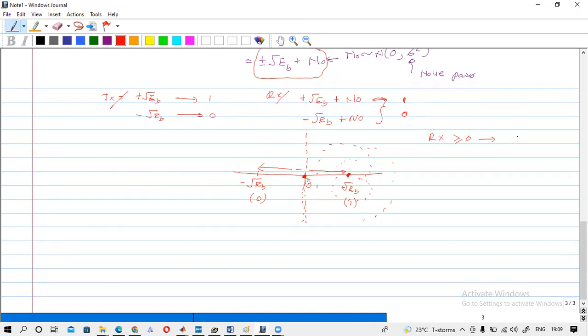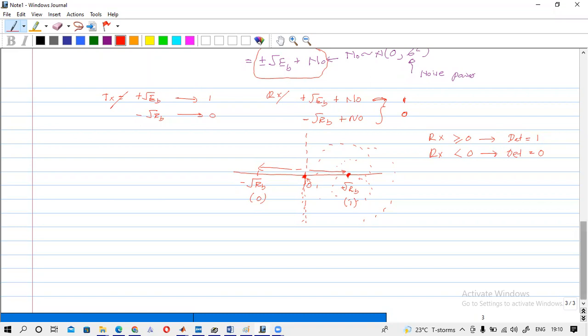That is your decoded, or detected, symbol. So if the Rx received signal is greater than 0, you assign the detected bit to 1. If the received symbol is less than 0, you assign the detected bit to 0. Likewise you can decode the signal.